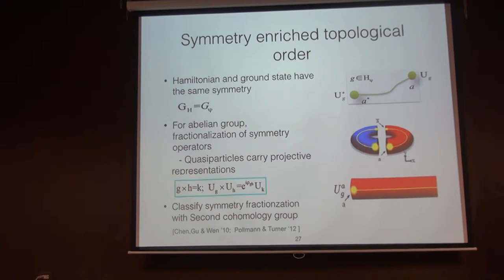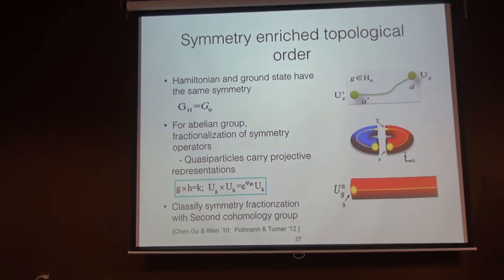Okay, so now if we consider a topological order phase that does not break any symmetry, the Hamiltonian and the ground state have the same symmetry. So once a pair of quasi-particles are created, under the global symmetry the quasi-particle will carry a projective representation. If we can measure the projective representation carried by the quasi-particle, then we can classify it.